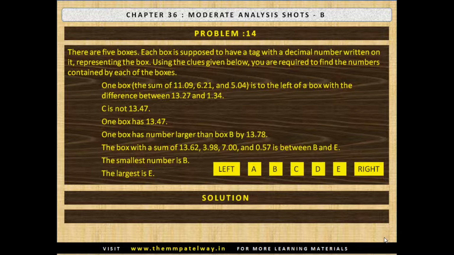The solution follows. B equals 11.93, E equals 25.71, A equals 22.34, C equals 25.17 and D equals 13.47.